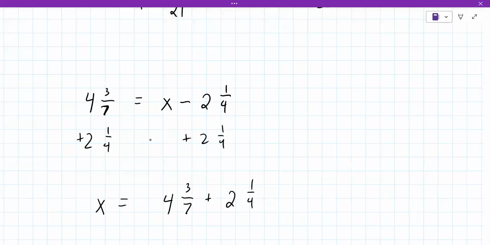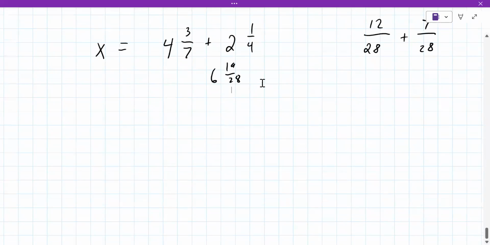Then that would become 6 and 9/28. 19/28, sorry. Let me just double check on the right here. Yeah, 6 and 19/28. It's very good.